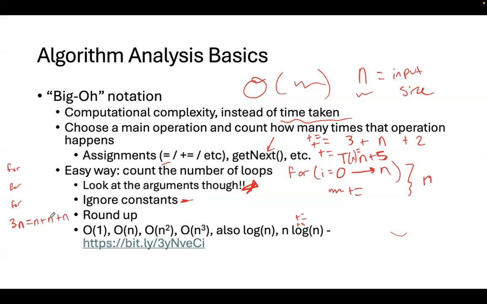So if we're reading on the same level, then it's addition. But if it's inside the loop, it's multiplication, because the question is, how many times are we doing this? So if we get to something where we have like 3n, we ignore the 3 and we just care about n. And yeah, and so round up as needed as well. So that's kind of in general how to do it.